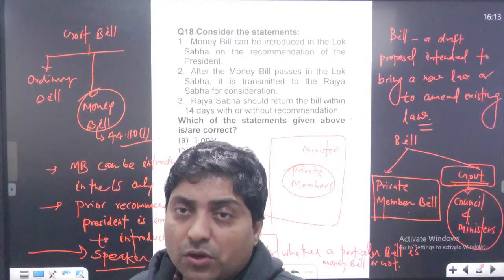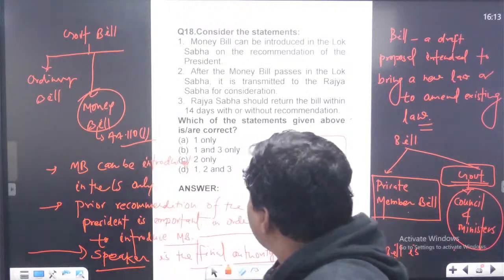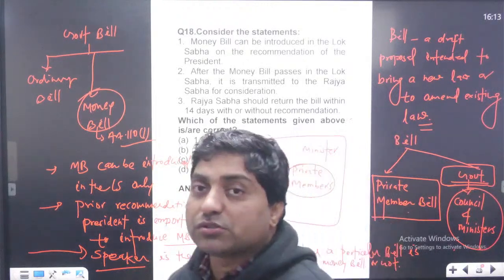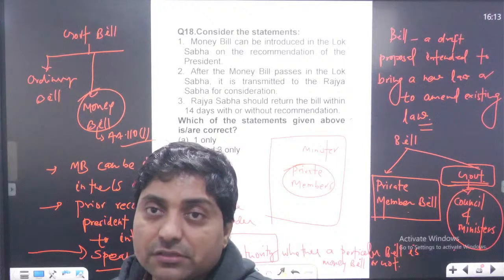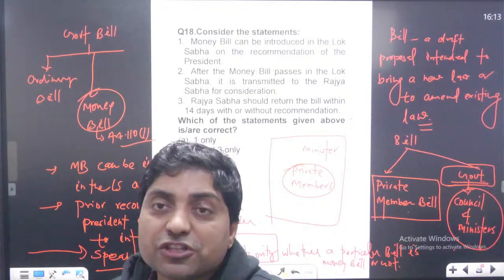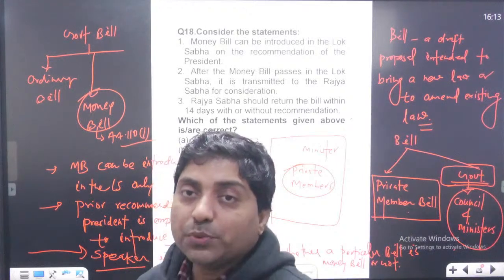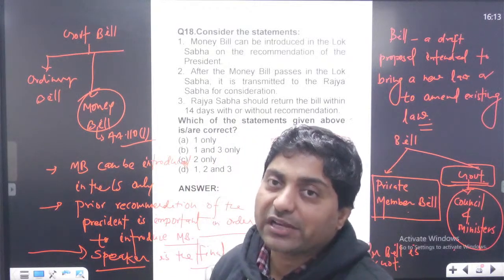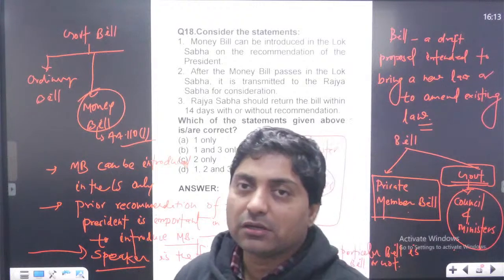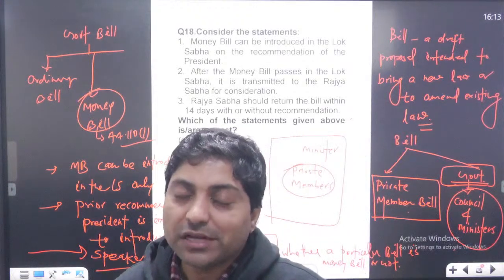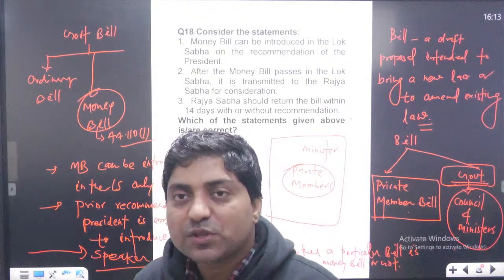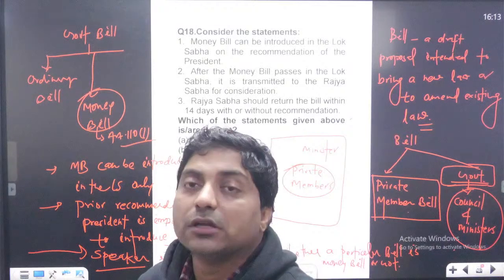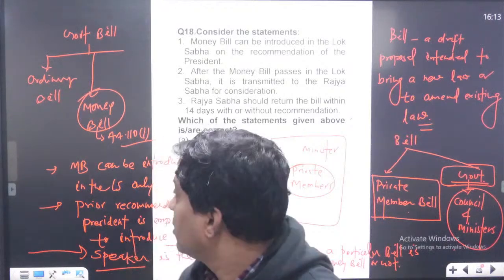Because when a money bill is introduced in the Lok Sabha and passed, it is transferred to the Rajya Sabha, on which Rajya Sabha can discuss for 14 days. It cannot edit, it does not have any authority over it, right? And within 14 days, Rajya Sabha has to return that money bill to the Lok Sabha.